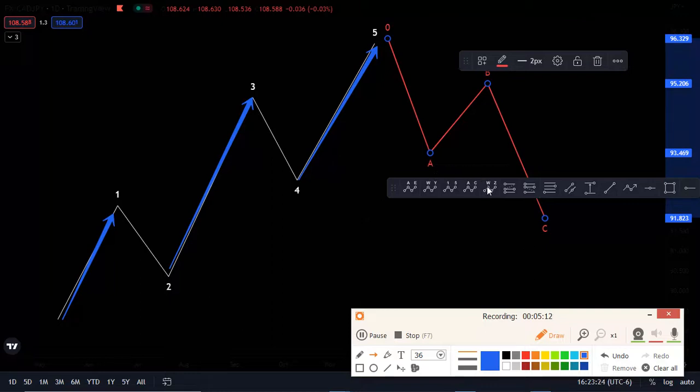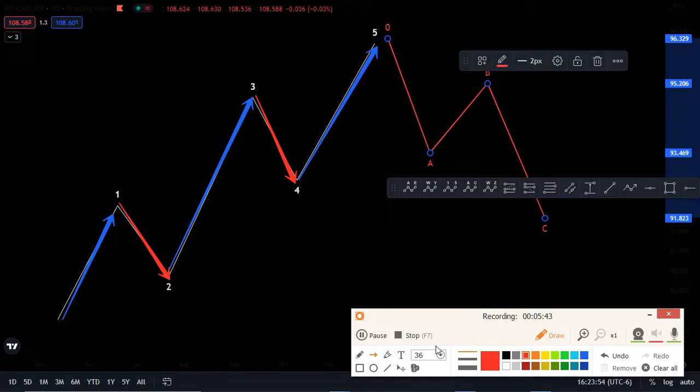So the waves that are under corrective mode are wave 2 and wave 4. Wave 1, wave 3 and wave 5 are under motive mode; wave 2 and wave 4 are under corrective mode.